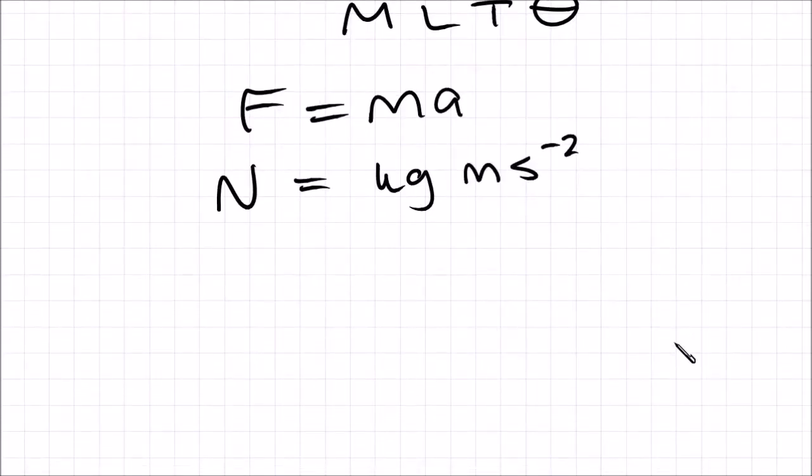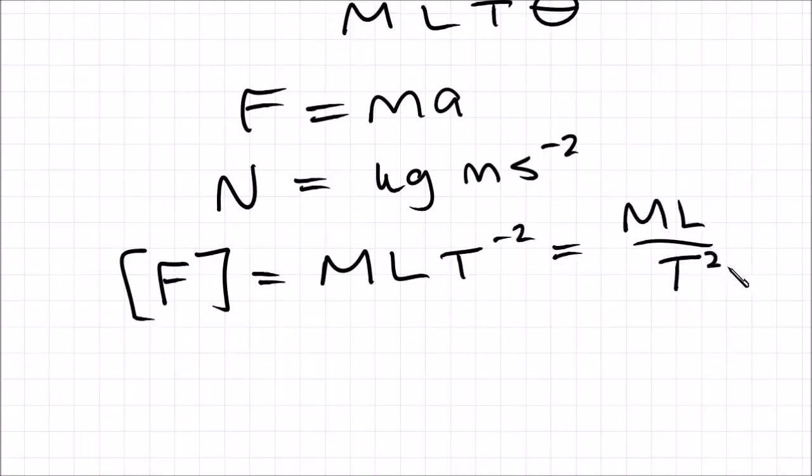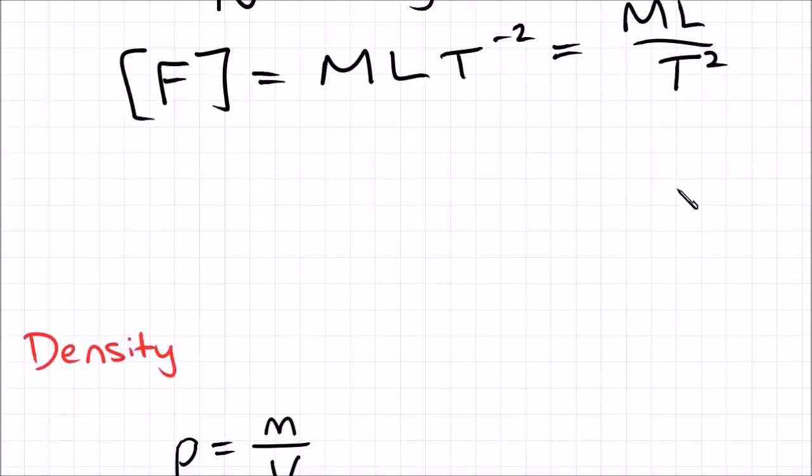To find the dimensions of this, we write F between two square brackets to show that we're finding the dimensions of force. The dimension of kilograms is mass, of meters is length, and of seconds is time to the minus 2. So the answer would be ML on T squared. And we'll see more on that in the topic on dimensional analysis.